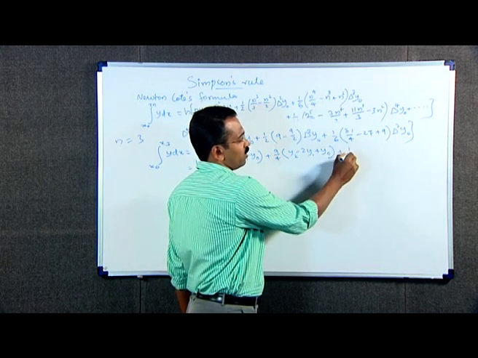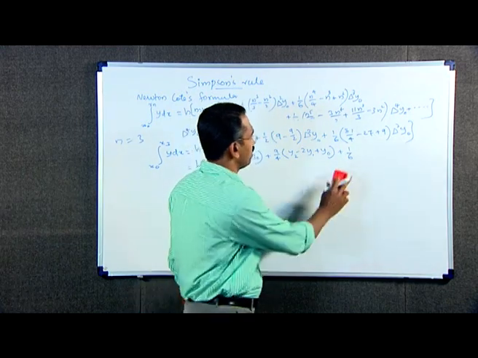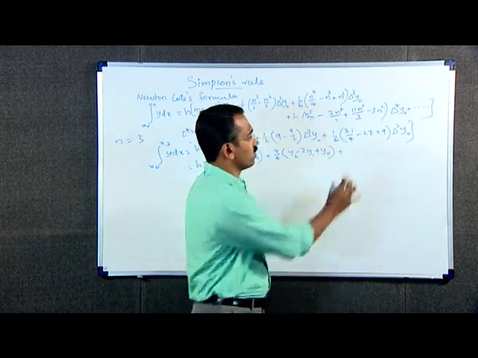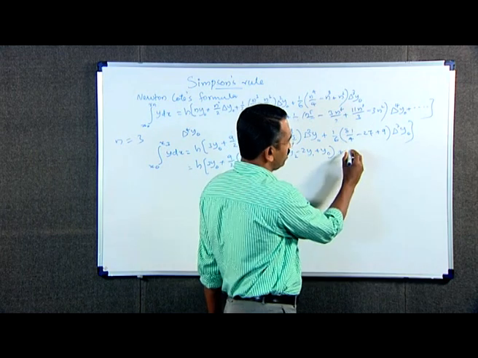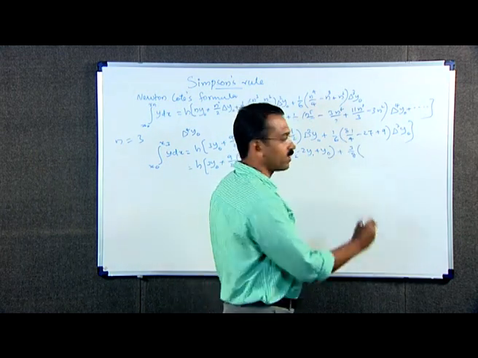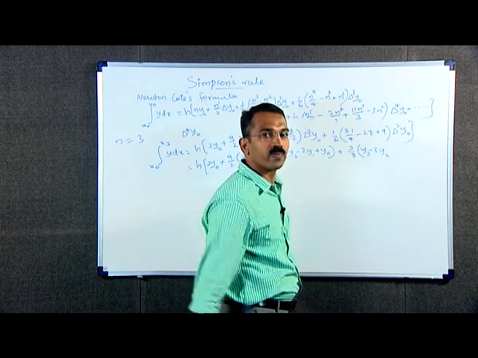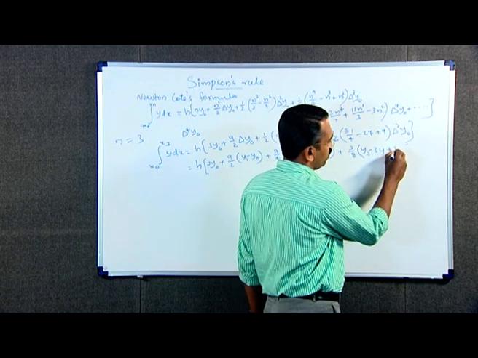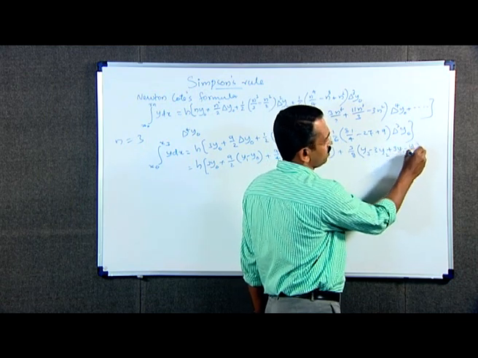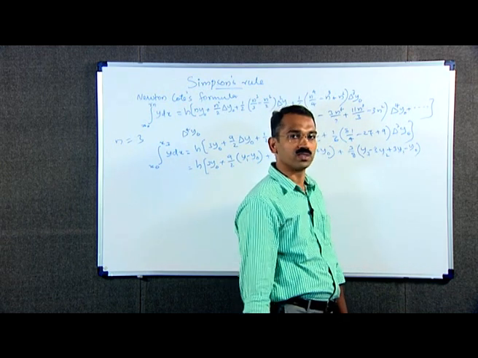This plus 1 by 6 into, on simplification, we will get this quantity as 3 by 8. Delta cube y naught is y3 minus 3 y2 plus 3 y1 minus y naught. That is the third order forward difference operator.